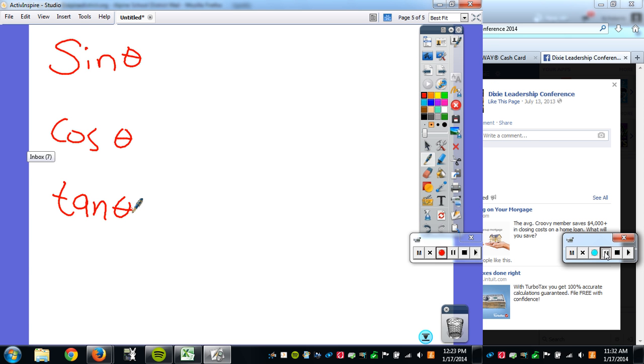Who corresponds with sine? Does anybody remember? Cosecant. Arcsine helps us find an angle. Cosecant is another trig function. It's just a multiplicative reciprocal of sine. Cosecant is the exact same thing as 1 over sine. So notice if I times sine by cosecant, what do I get?